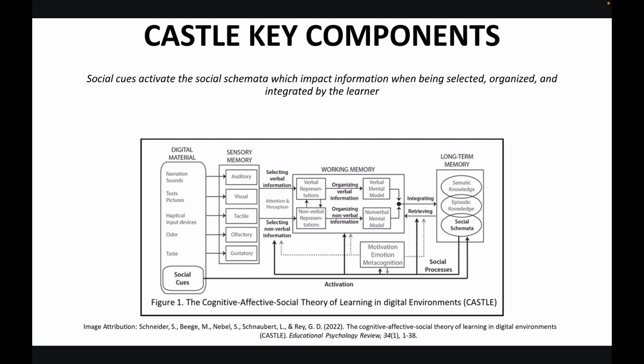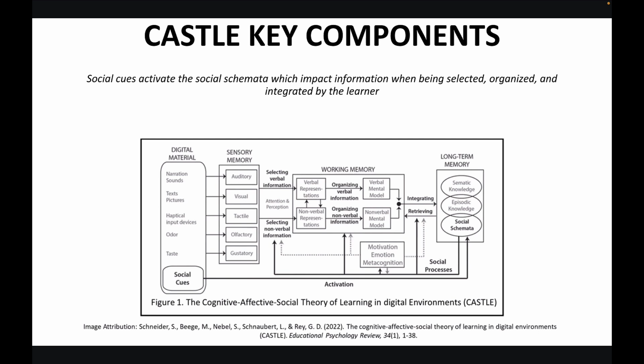These are selected and go into the working memory, which has visual representations that are verbal and nonverbal, along with verbal and nonverbal mental models that are organized. And then we go back and forth retrieving and integrating information from long-term memory with new knowledge and prior knowledge.